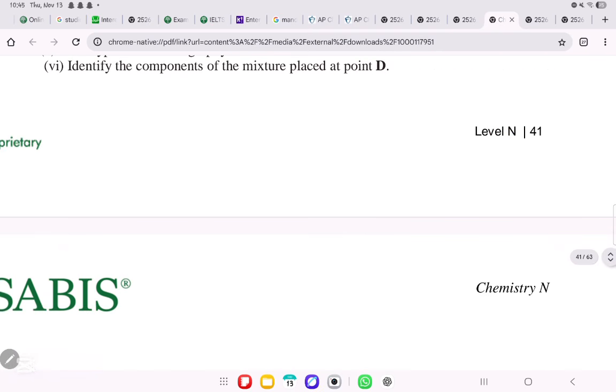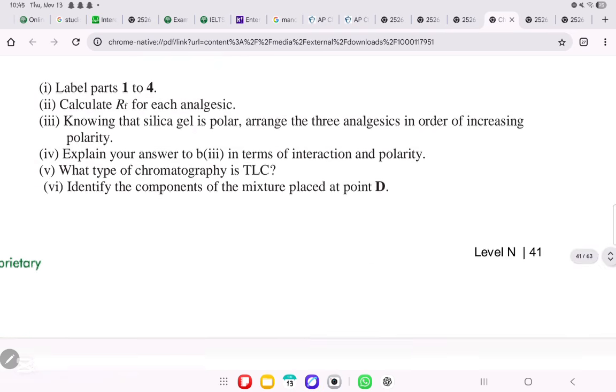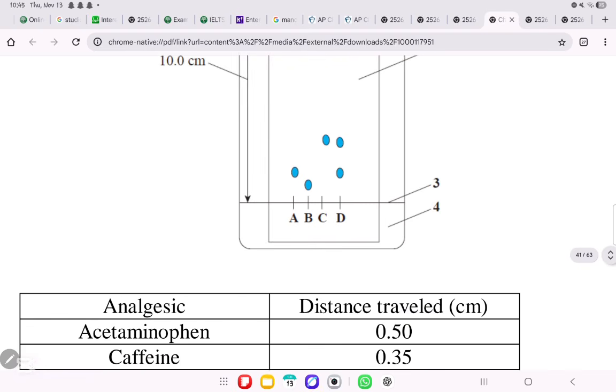Part VI, identify the components of the mixture placed at point D. So let's go to point D. What do we have in point D? At point D, we have a little bit of component A and a little bit of component C. So what can we say? B was the least traveled distance, so B is caffeine. And then the in-between distance is acetaminophen, and then the greatest traveled distance was aspirin.